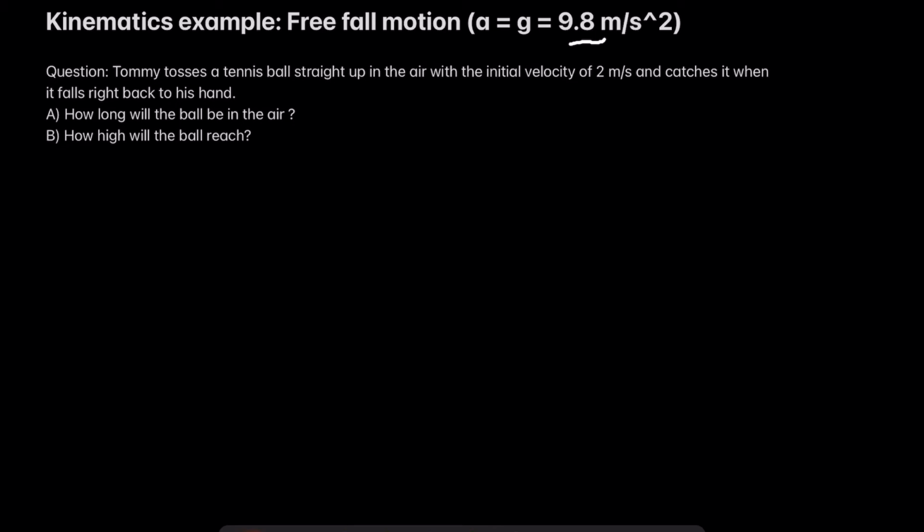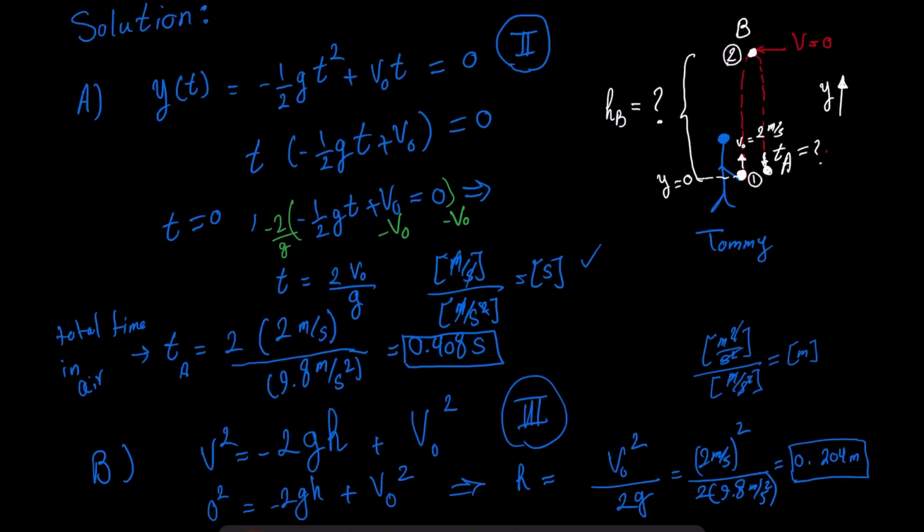So Tommy's tossing his tennis ball straight up in the air. Here's Tommy, tossing a ball straight up with an initial velocity of 2 meters per second. Let's call that point one. Then at point B, which corresponds to part B, this is the highest the tennis ball will reach in the air.